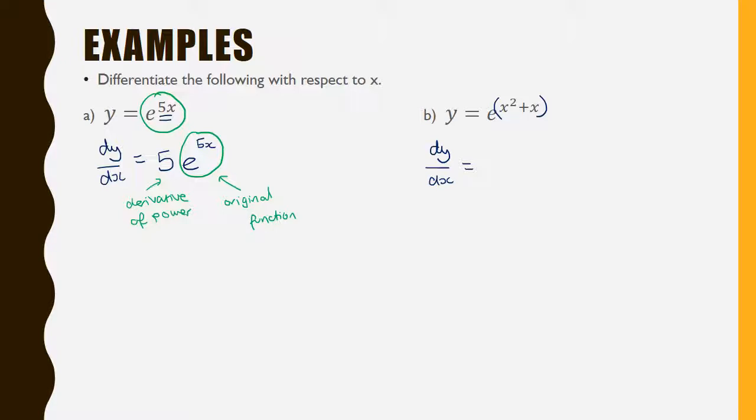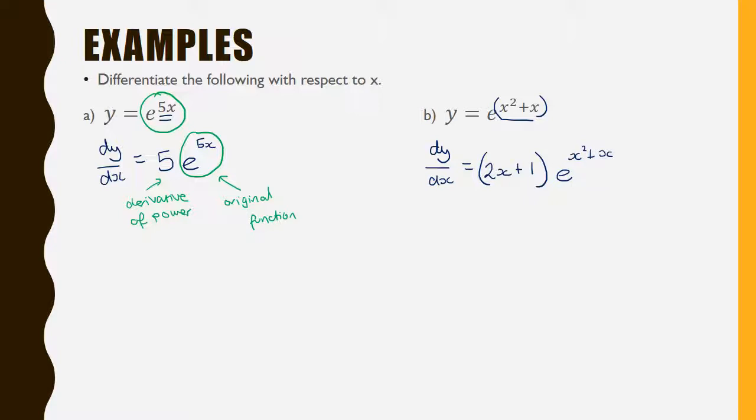So what we do first is we need to have the derivative of the power. The derivative of this whole power here, derivative of x squared is 2x, the derivative of x is 1. We multiply this whole function, our derivative there, by the original function, e to the power of x squared plus x.